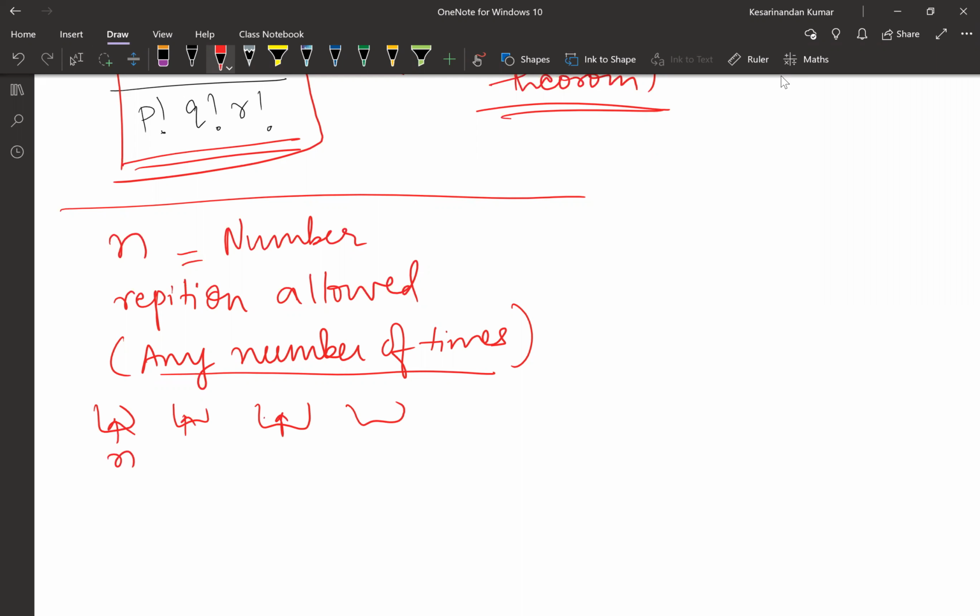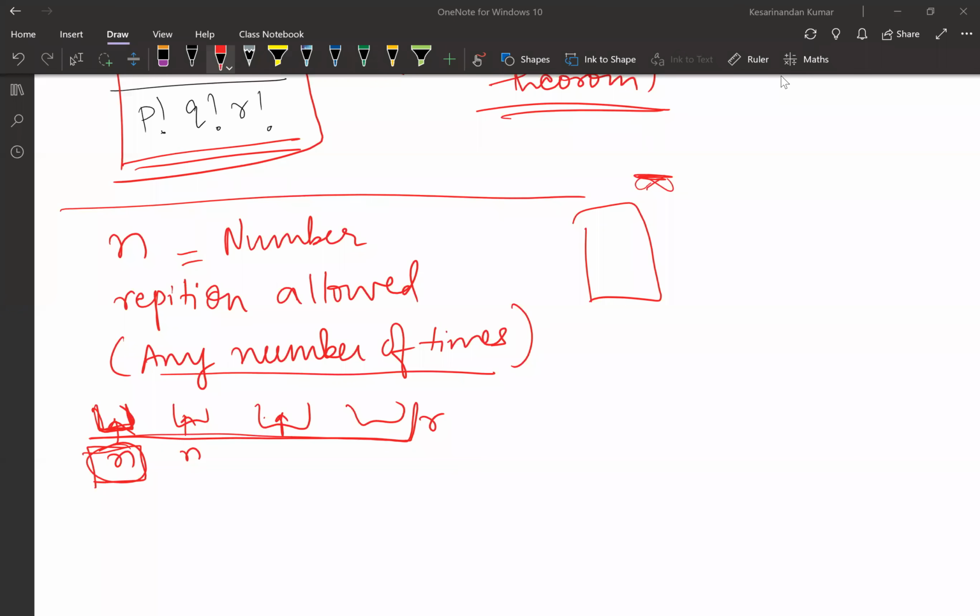Each can be filled using n items, and there are r boxes, and repetition is allowed. Each box can accommodate n items. They are not infinite, but greater than n. Each box can accommodate n items, and there are total r boxes. So what will be the total number of ways in which we can fill it?